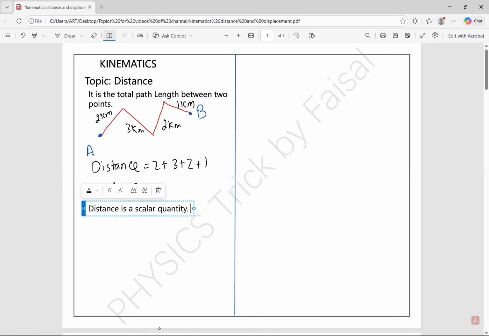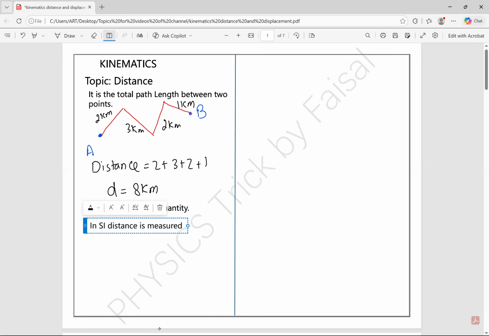Second thing, what is the SI unit of distance, or in which further units can distance be determined? So, dear students, distance in the System International is measured in meters. You can say in SI, distance is measured in meters. And you know its symbol is m.